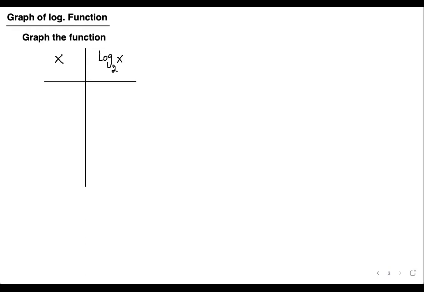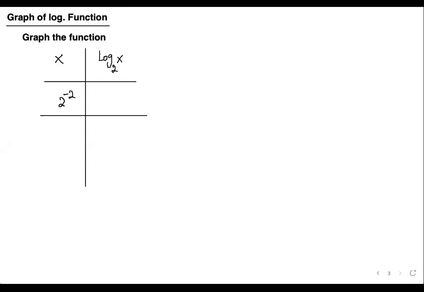So I'm going to pick 2 to the minus 3 or 2 to the minus 2. These are suitable numbers. Why? Because if I plug these numbers inside the logarithm, I don't have to use the calculator to find the value. So 2 to the power minus 2.